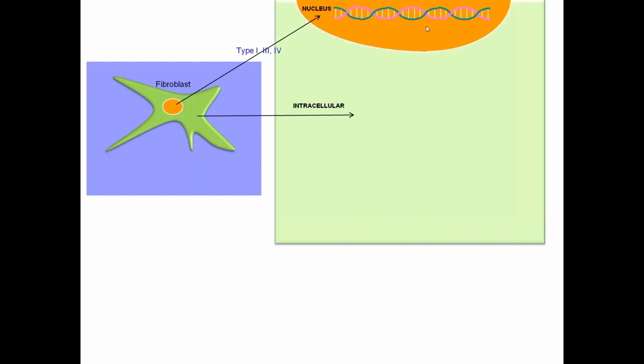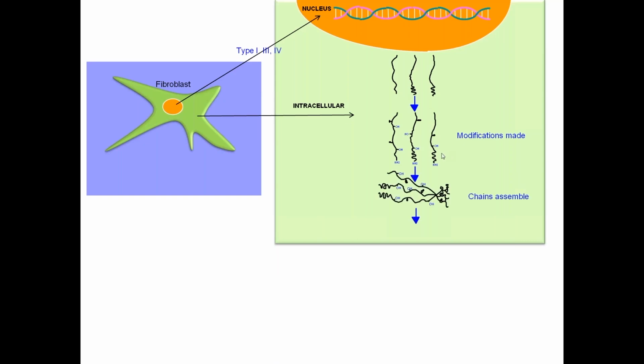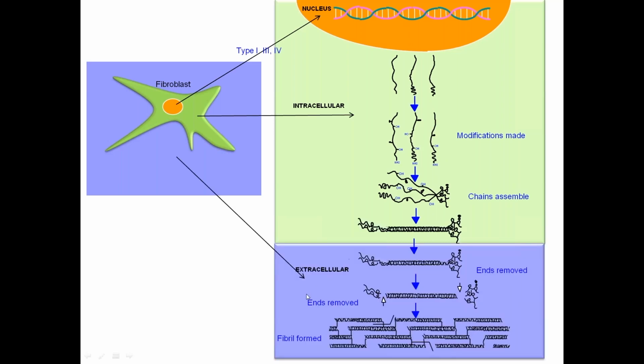And they're produced through DNA, which allows proteins to be made which come into the cell, and these proteins get modified by lots and lots of enzymes. Then these proteins join up together, so we have three what's called alpha chains or polypeptide chains, which are assembled from one end to the other, and then they're secreted out into the extracellular matrix, so outside of the cell, with the blue representing outside the cell.